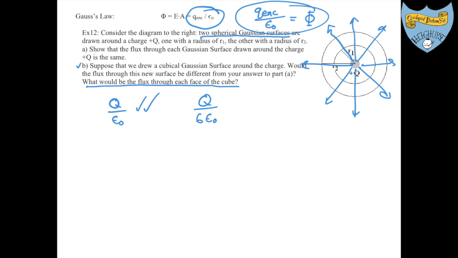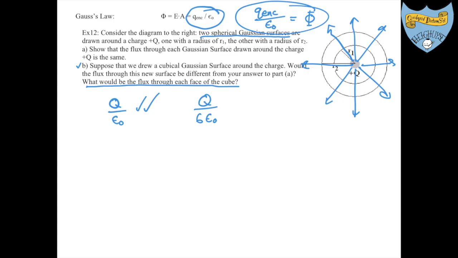You can see that the same number of lines go through each of those two surfaces. Or even if it's a cube, the same number of lines go through each of those faces. And so it's the same amount of flux because it's the same amount of charge enclosed, but also since flux is proportional to the number of field lines, we've got the same amount of flux through each of those two surfaces.